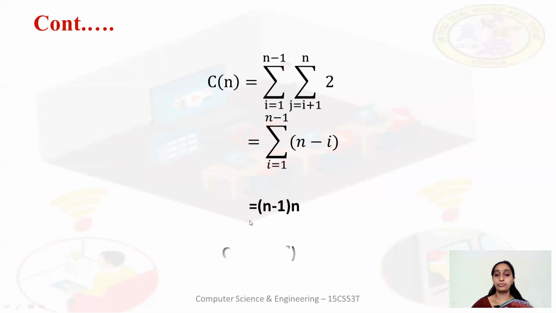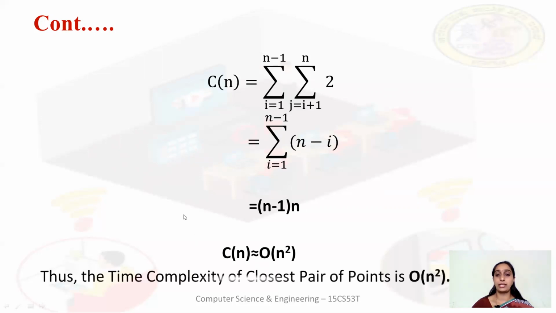Okay, which is nearly equal to n minus 1 into n. So that is nothing but n into n. Okay, which is nearly equal to n square. Therefore, C of n is nearly equal to big O of n square. Okay, so thus the time complexity of closest pair of points is big O of n square.